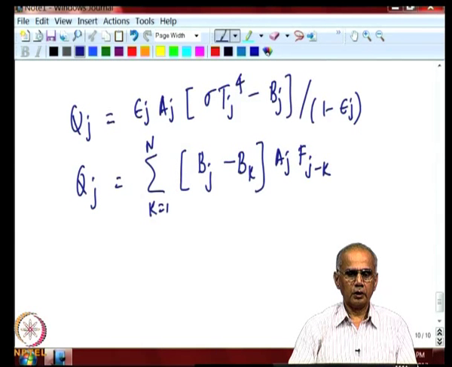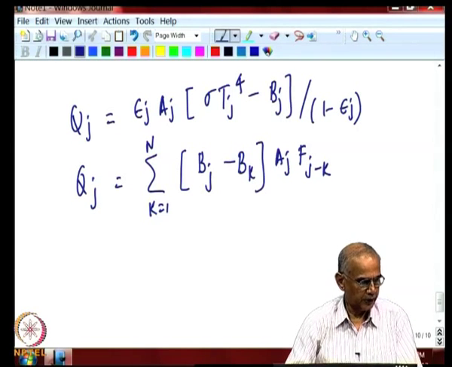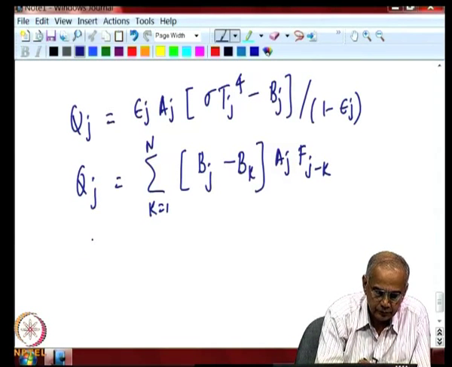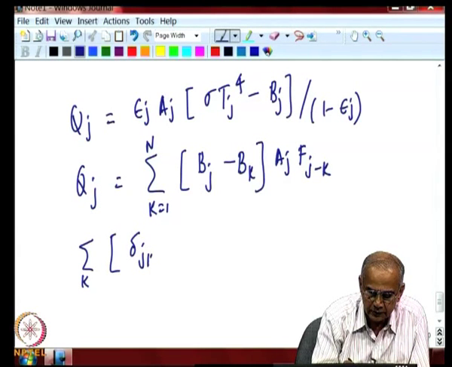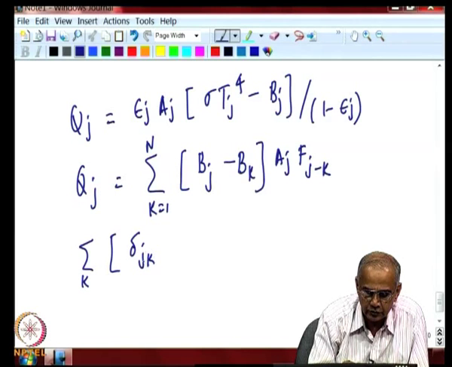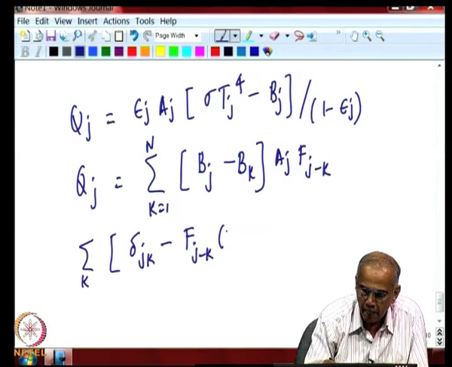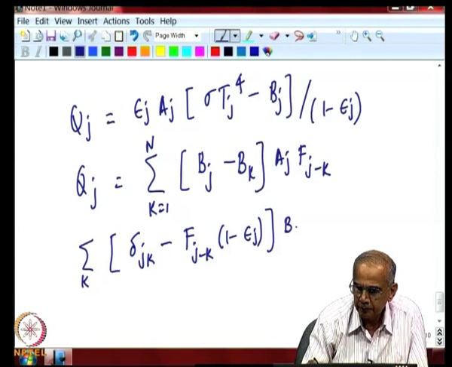So, if that is the case, we can rewrite our formulation as follows: sigma over k, this is the Kronecker delta, that is when j is not equal to k it is 0, when j equals k it is equal to 1, Fjk, 1 minus epsilon j, into Bk.